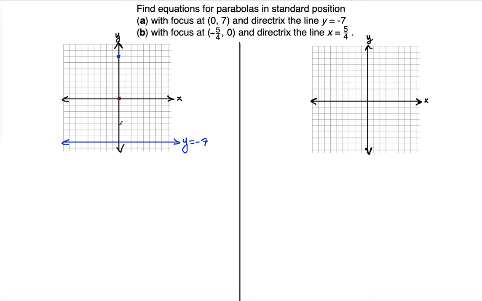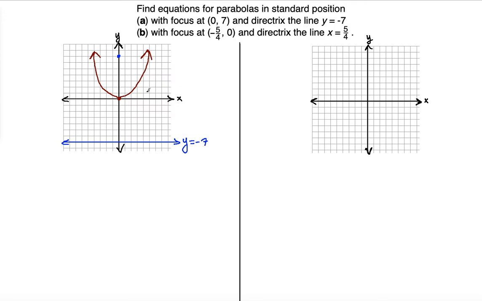So now we know that the parabola will open away from the directrix. It cannot open in the same direction as the directrix. It will open away from it. So in this case, it's going to be opening up. It's going to look like this.